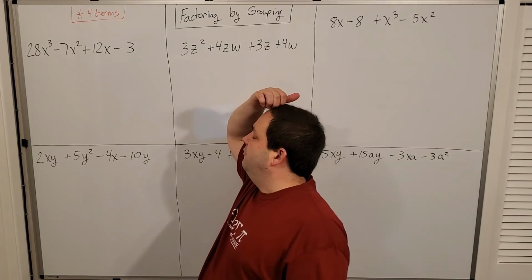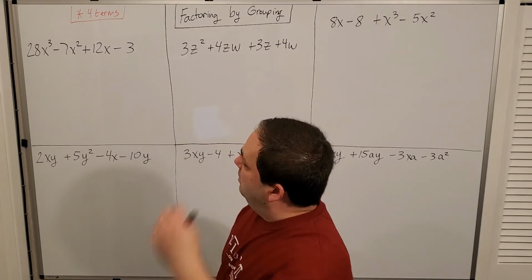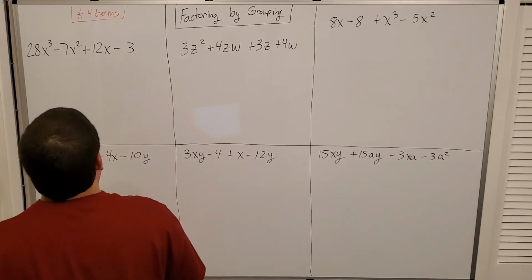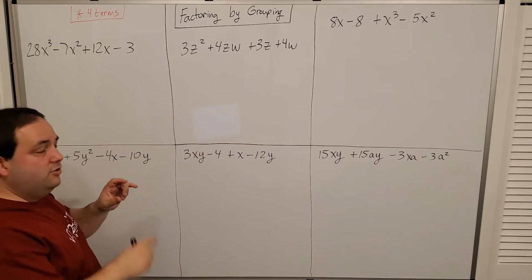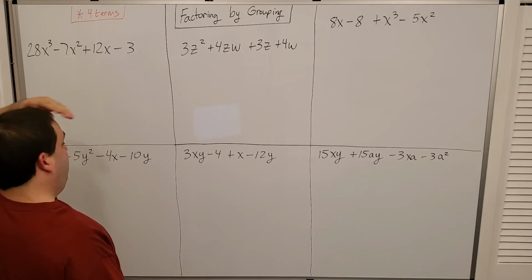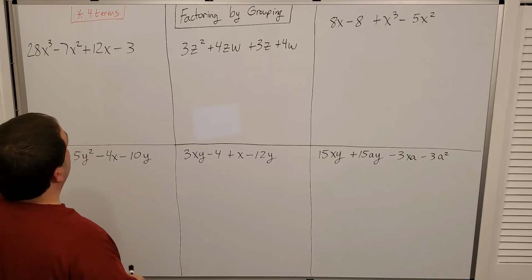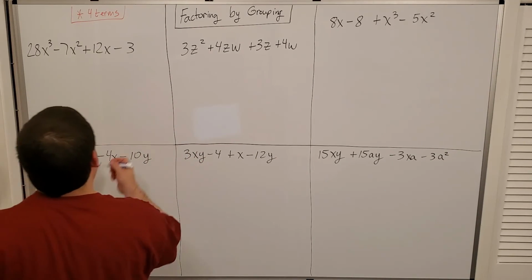So, from here, let me just show you how it works. With factoring by grouping, typically you don't have to rearrange anything, although it is possible. You can rearrange some of the middle pieces and it would still work out. Typically you don't have to, though. And all the ones we're doing here, we don't have to. The groupings go like this.